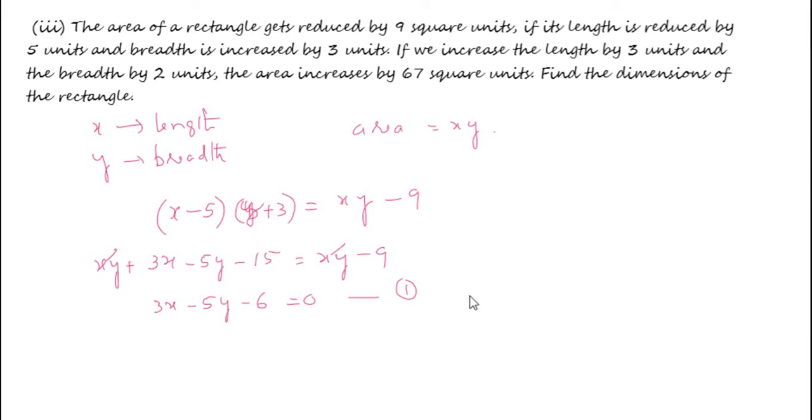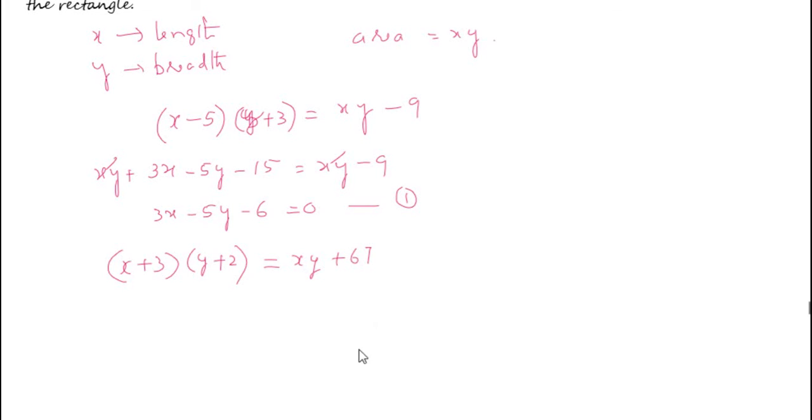Let us construct equation 2. If we increase the length by 3 units and breadth by 2 units, so x plus 3, and breadth is y plus 2. This is the new length, this is the new breadth. If we do that, the area increases by 67 square units. What is the original area? xy. It gets increased by 67 square units. This is the equation we need to simplify.